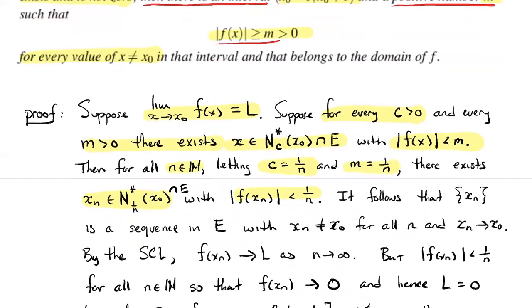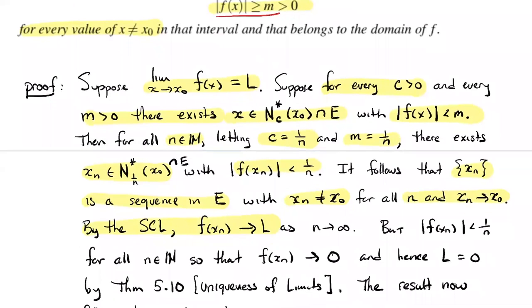So you supply the details, but that sequence is a sequence in E, none of whose terms are x naught, and it converges to x0 because the nth term is in a 1 over n neighborhood of x0. And so by the sequential limit criterion, the image sequence converges to L, right? I'm assuming that this limit exists and I've got a sequence converging to x0, so its image converges to L. That's what the criterion says.